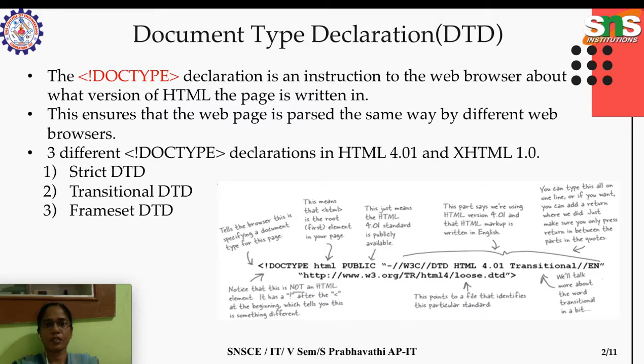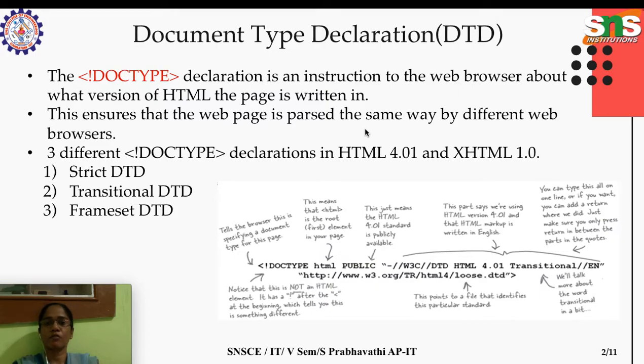It is nothing but an instruction to the web browser about what version of HTML the page is written in. The very first line of the page should be an open angle bracket, exclamation symbol, DOCTYPE, followed by the version of the HTML the page is written in. The purpose of this is to ensure that the web page is parsed the same way by different browsers.